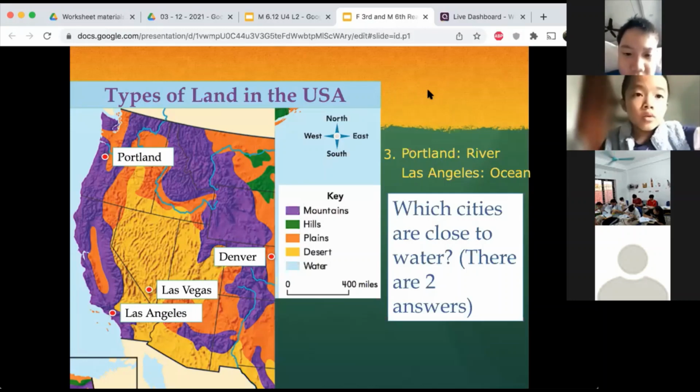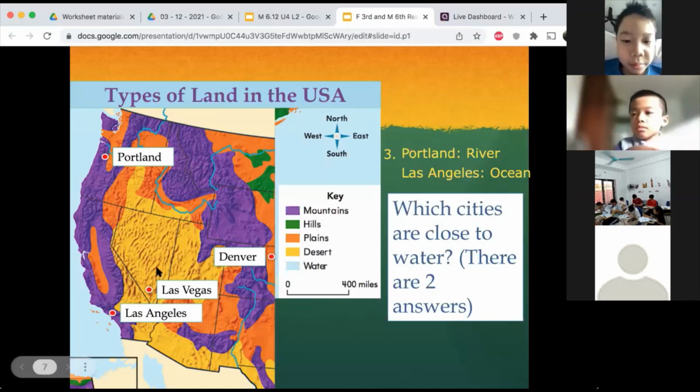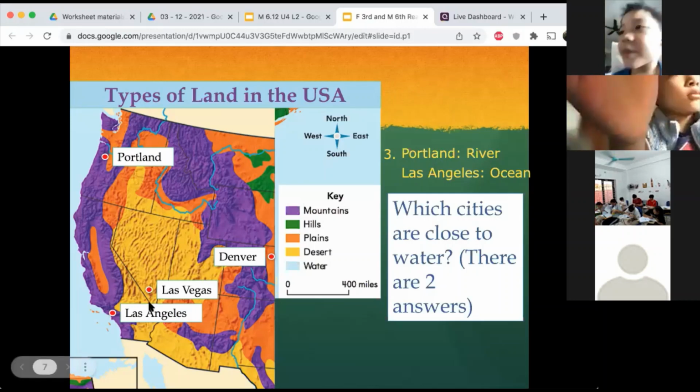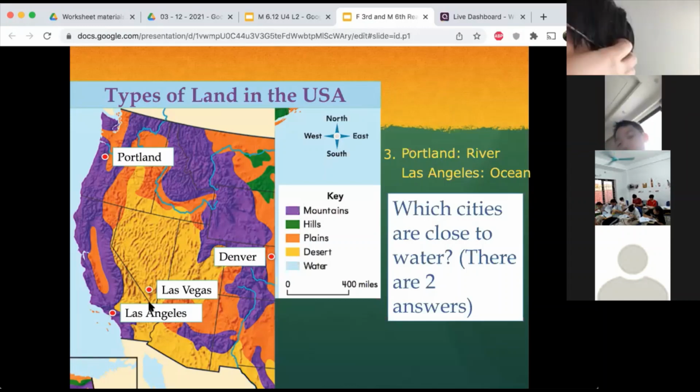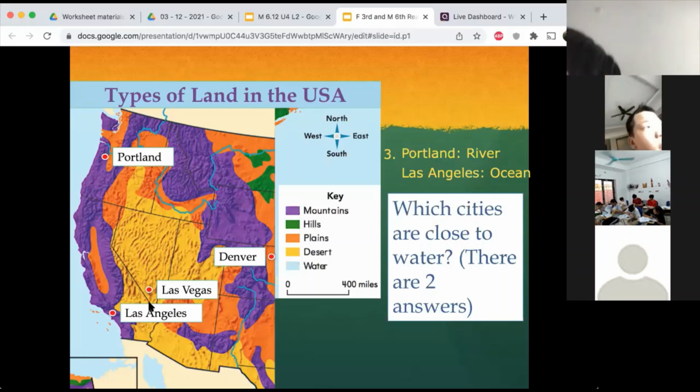Okay. I have a question, Mayan. Go ahead, Mayan. But if the map, like a paper, doesn't have color, what do we do? It will have symbols. If it doesn't have color, it will have symbols. Maybe mountains would be this symbol.